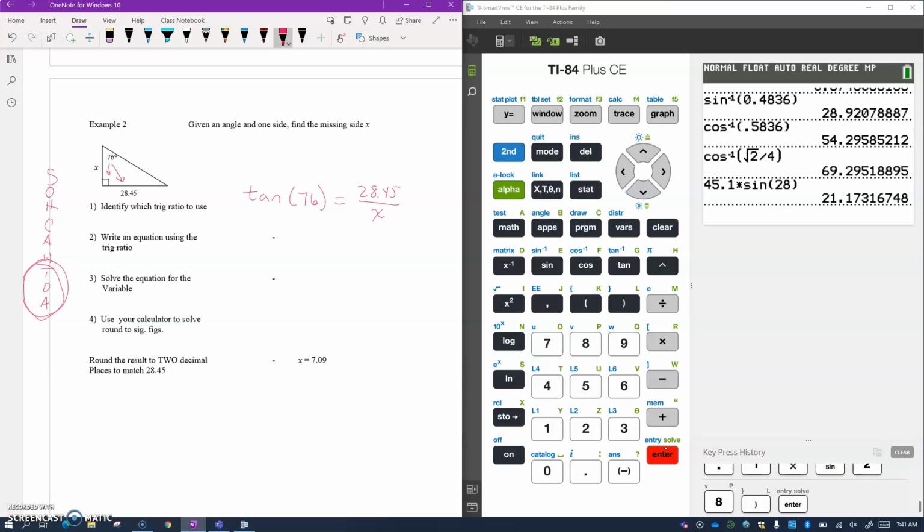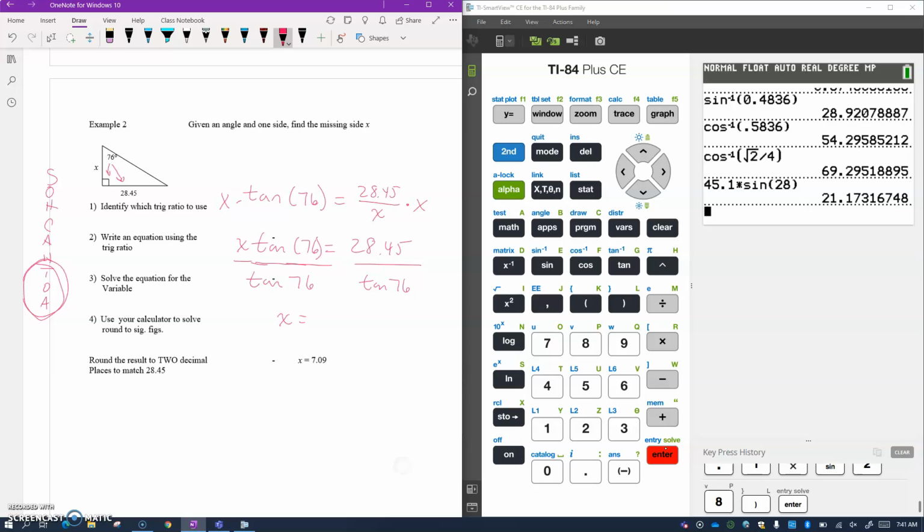First thing I'm going to do is get the x out of the denominator by multiplying both sides by x. So I have x tan 76 equals 28.45. Now I'm going to divide both sides by the tan 76 to isolate the x.